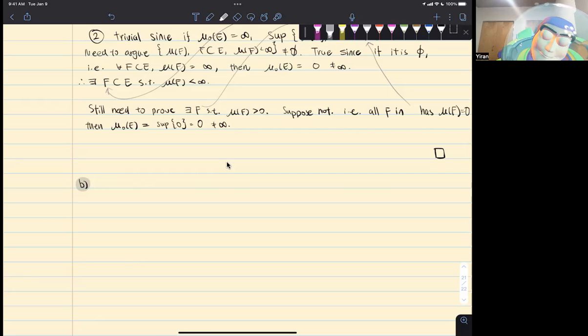So I can label this disjoint. And this is finite, and because this is finite, right, we know that.